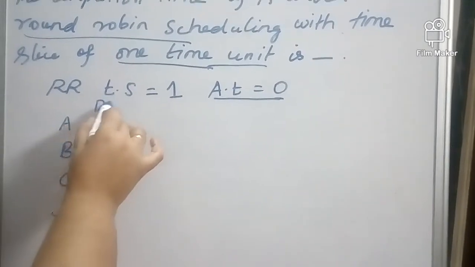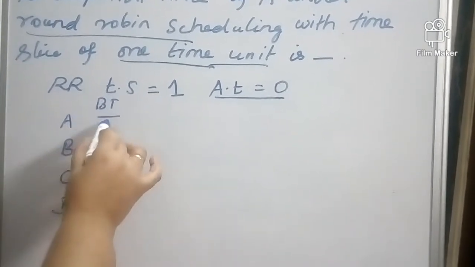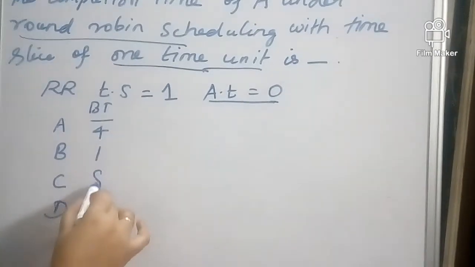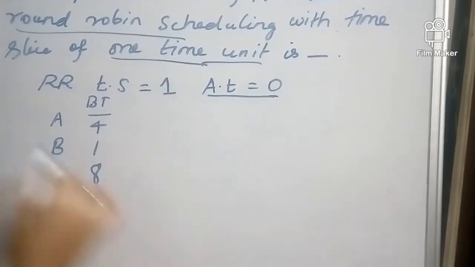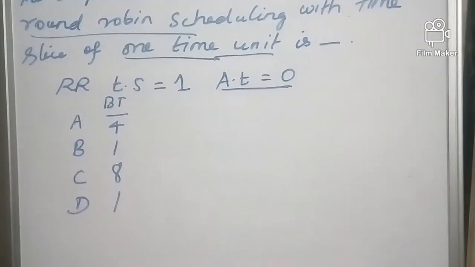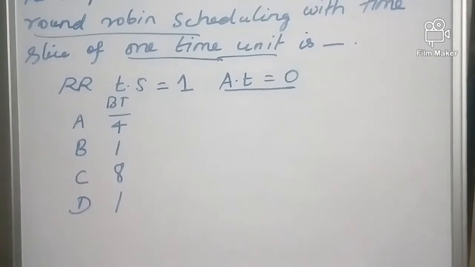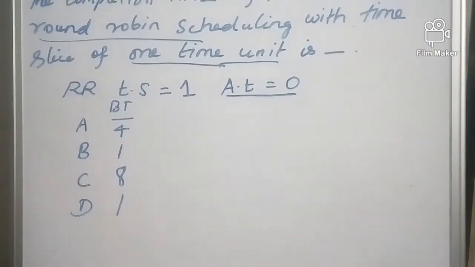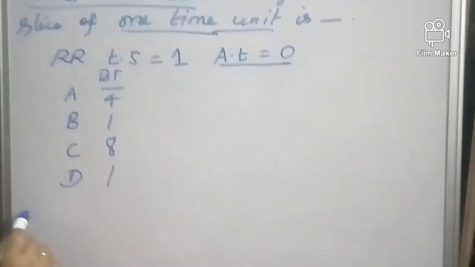So BT, burst time, is 4 for A, 1 for B, 8 for C and again 1 for D. So this is the burst time of all processes. Okay. So the next step is we draw the Gantt chart of this problem. So what is the Gantt chart?